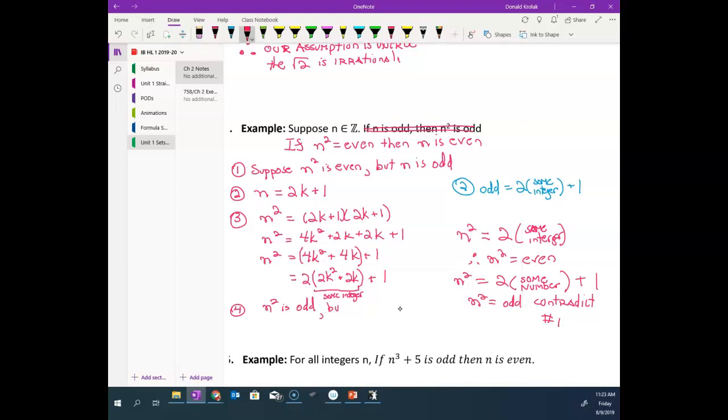So this is impossible, because we assumed n squared is even in number 1.